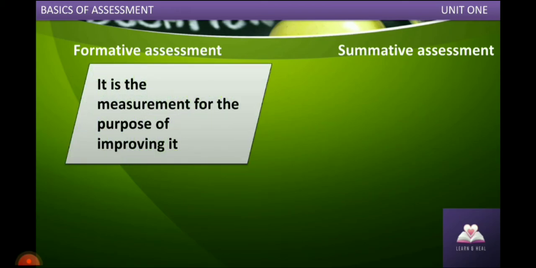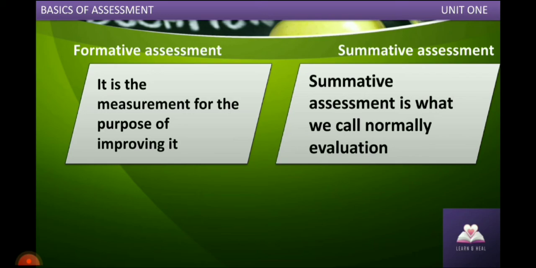Formative assessment is a measurement for the purpose of improving. So you are measuring at frequent intervals the ability or capacity of the student. So regularly you can give advice and try to improve that. There's a chance for improvement. You can say that formative assessment is an assessment made at different stages of growth.